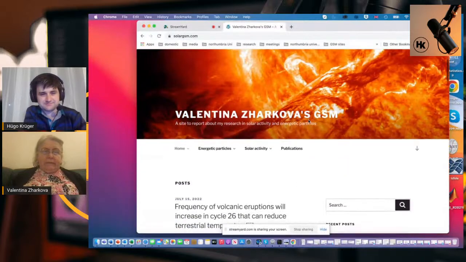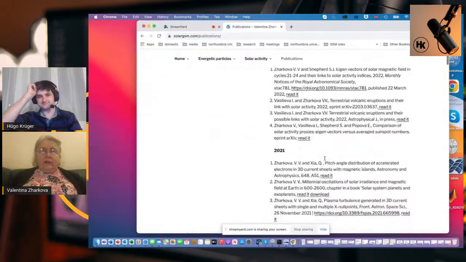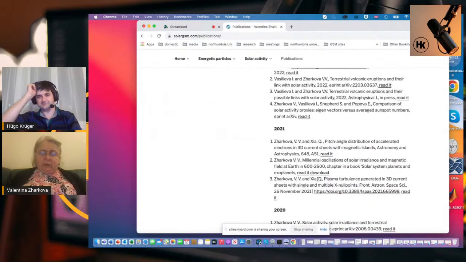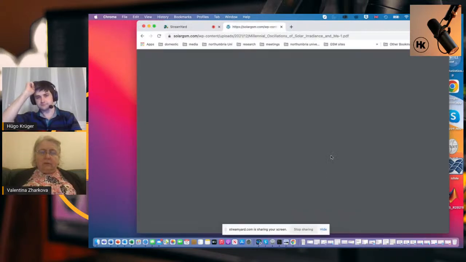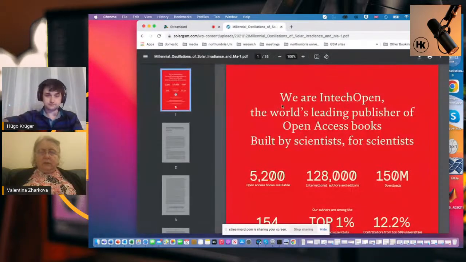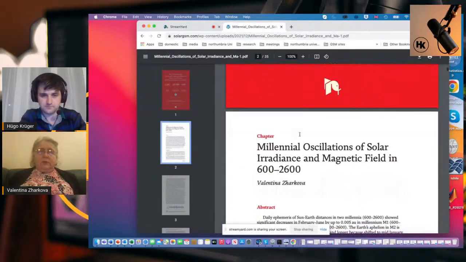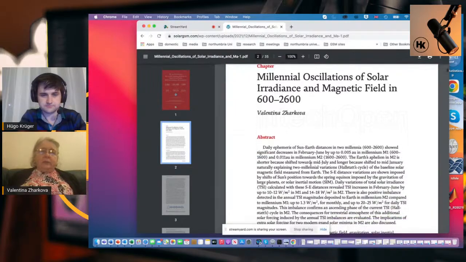And I have publications in here, and this book chapter published in 2021, called Millennium Oscillations. So this is in the book. You go there, download the chapter, and can buy the book as well.